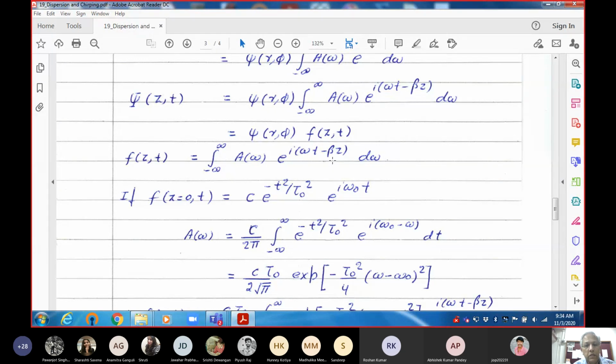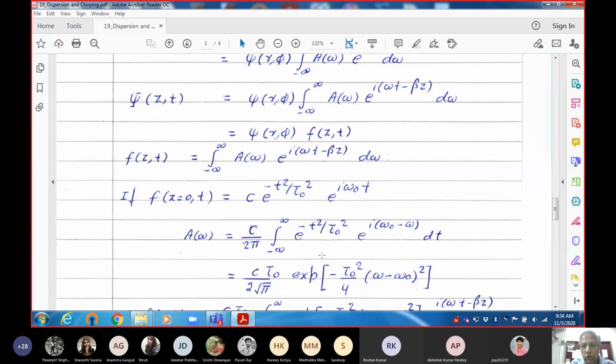Now I will consider the case of a Gaussian pulse, because for a Gaussian pulse many of these integrals can be done analytically. So let me assume my input pulse is a Gaussian pulse, and it is given by some constant times exponential of minus t squared by tau naught squared, times exponential of i omega 0 t. Omega 0 is the carrier frequency, and tau 0 is the input pulse width.